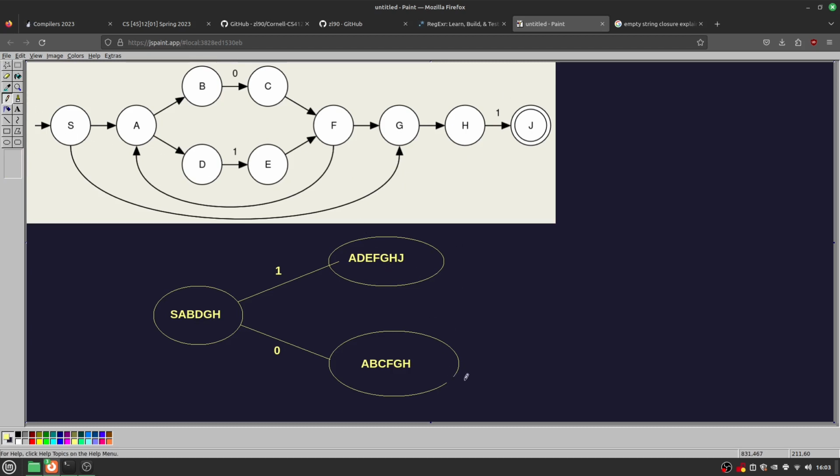So from here, we can do like a loop thing, but I'm not sure.